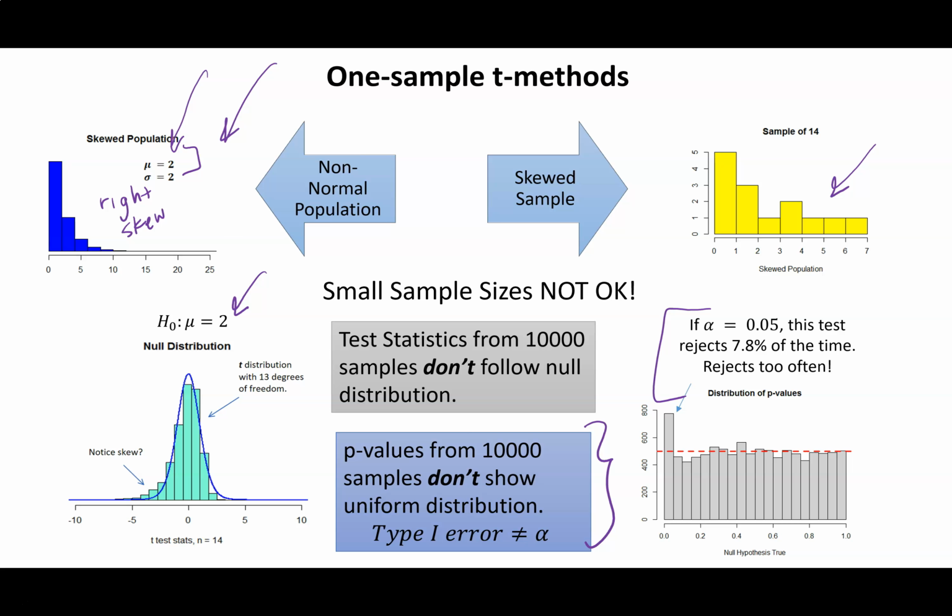So our type 1 error rate has increased. We're rejecting too often. So basically, if our sample size is too small, and we're drawing from a population that isn't nice and normal, we're going to have problems. We're not going to have reliable results. The key is please try and make sure that our sample size is big enough.